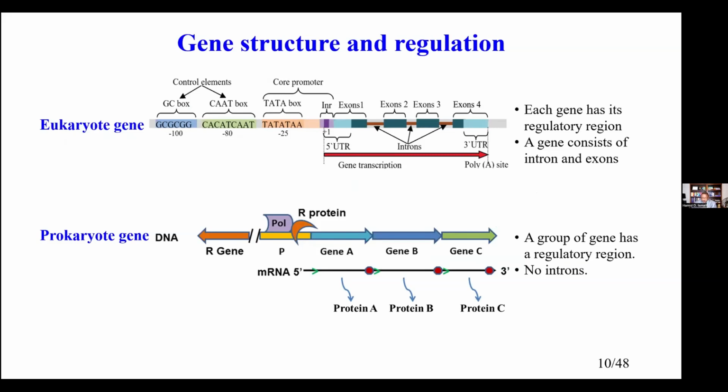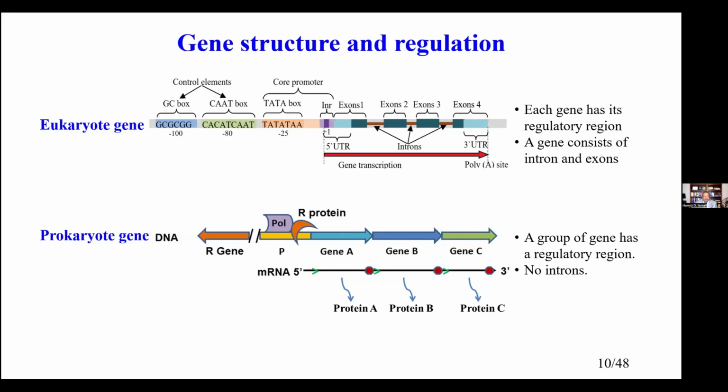In the eukaryote gene, each gene is controlled by a single regulatory region, a region that can regulate the gene expression. But in prokaryotes, you will find a group of genes, all controlled together, all in a container we call an operon. So this is a very important difference when you come to analyze. Always think about what kind of disease it is, eukaryote or prokaryote.